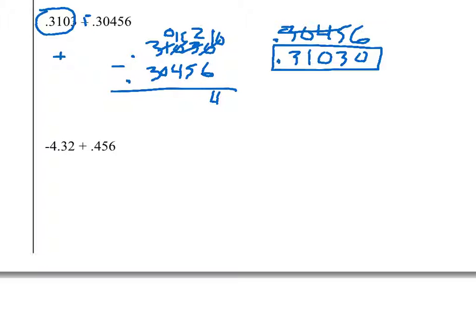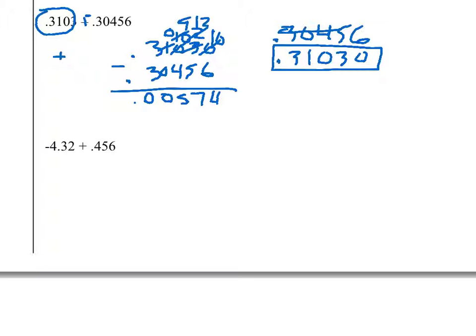So I'm going to borrow here first, then borrow from the 10. Nine minus 4 is 5. 0 minus 0 is 0. 3 minus 3 is 0. I get 0.00574.